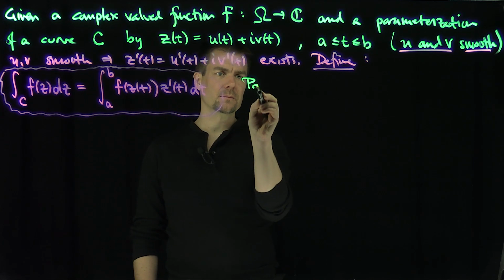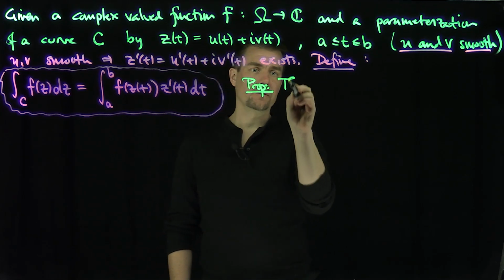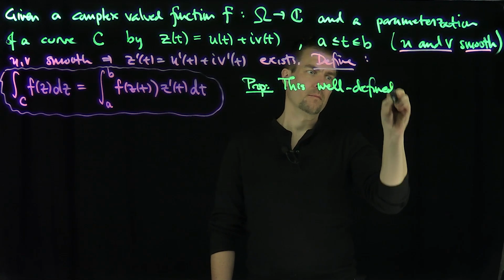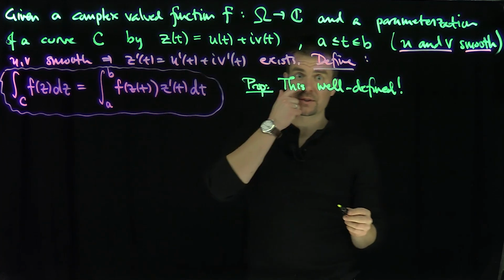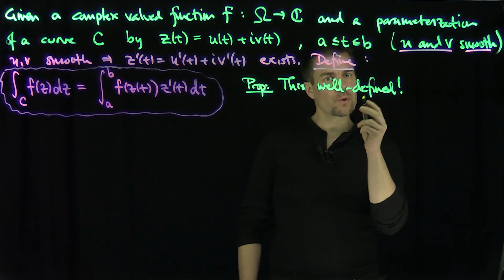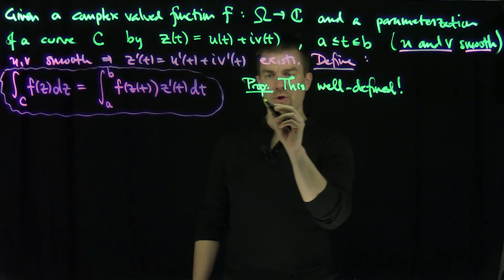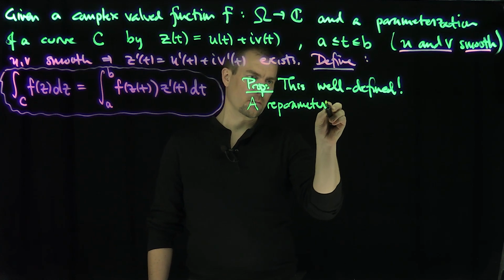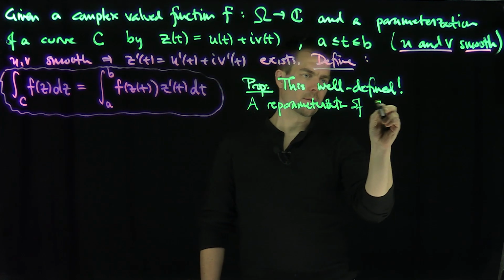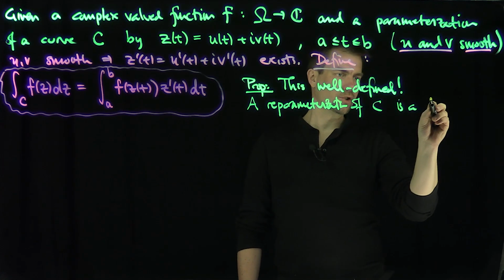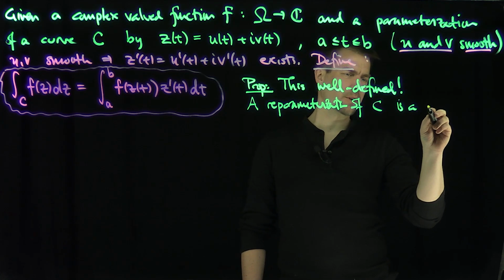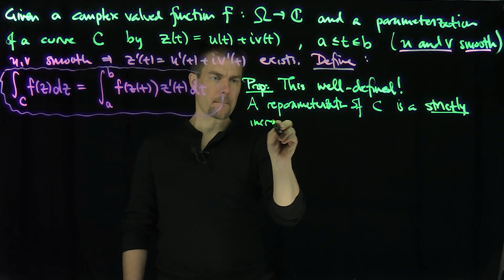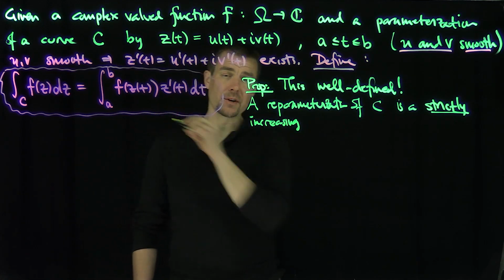So, proposition: this is well defined. Meaning that if I give you two different curves, z and z tilde, what is a re-parameterization? A re-parameterization of c is a bijective function, let's say strictly increasing, though it can be decreasing as well.